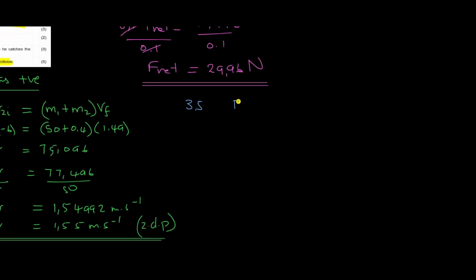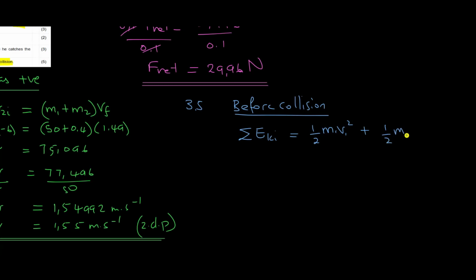We'll say, before collision, the sum of the EK initial is equal to 1 over 2 m1 v1 squared plus half m2 v2 initial squared.